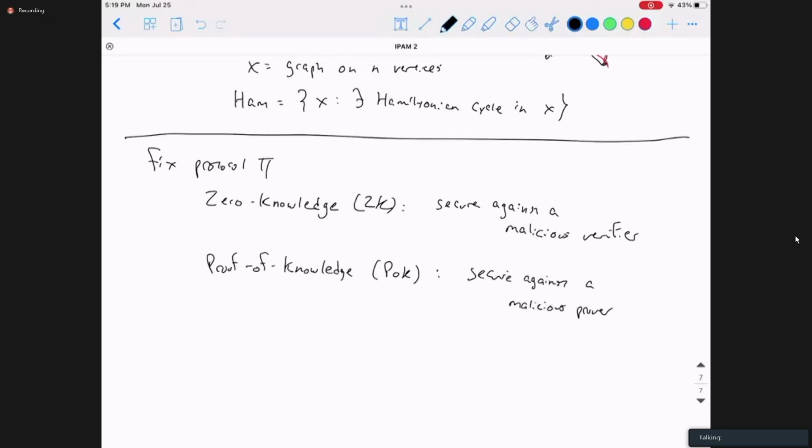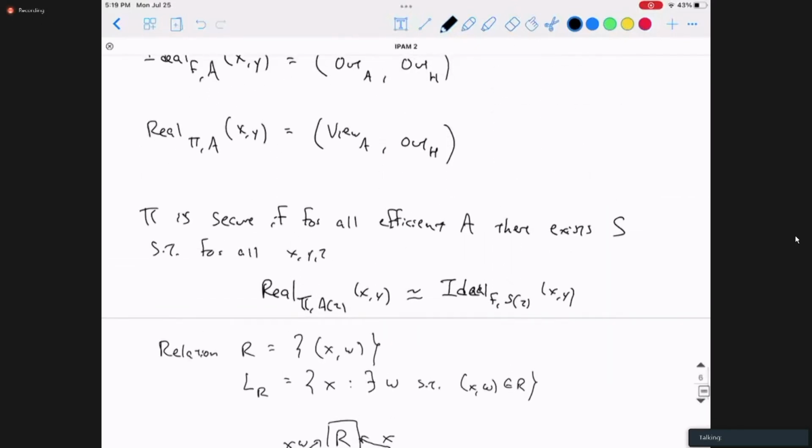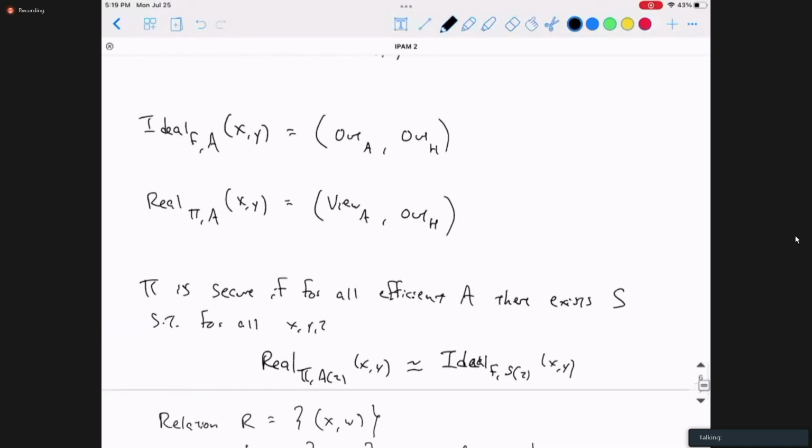Now I'm going to just jump ahead a little bit and think about what that's going to mean. So again, security means, according to this definition of secure two-party computation that I gave. But let's think again about what it means in this case. So what does it mean for a cheating prover? For a cheating prover, it's not going to be difficult for us to simulate maybe the view of the prover. But the interesting thing here is to simulate the output bit of the verifier.